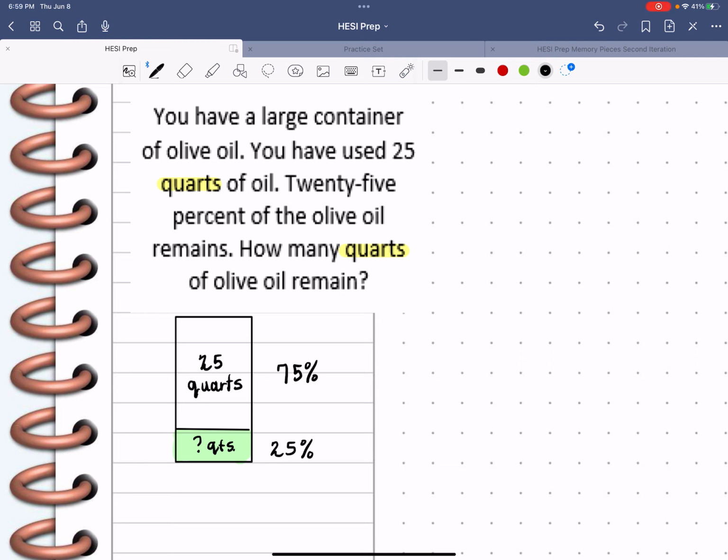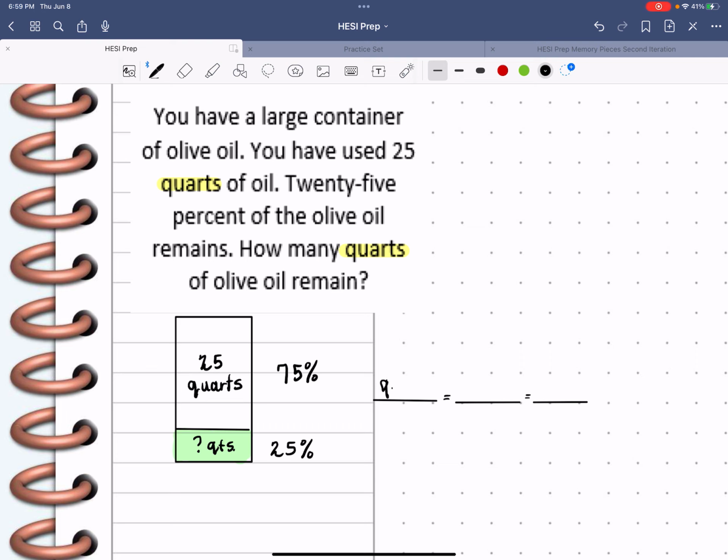Well, in order to find that, we're going to first have to figure out how many quarts the whole thing will hold. So in order to do that, I have to use the info that I know, which is this information. So I'm going to set up my proportion using that information. I encourage you strongly to use words.